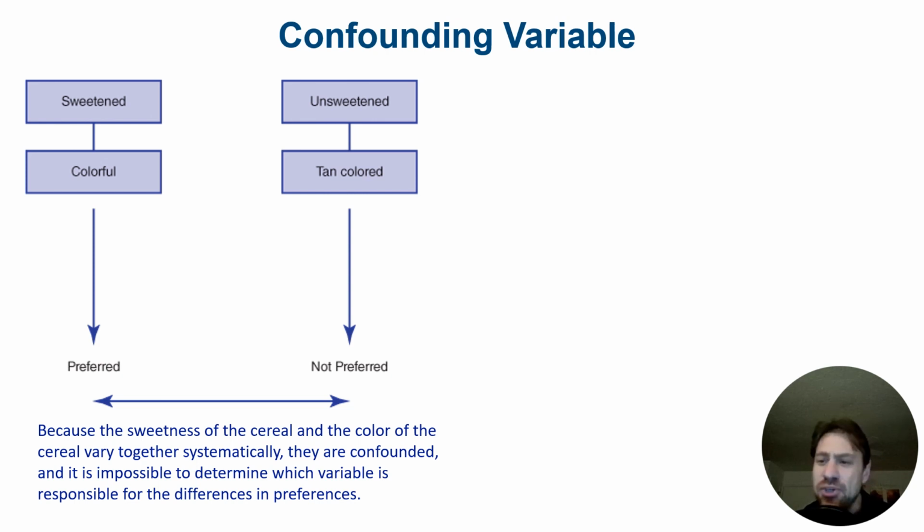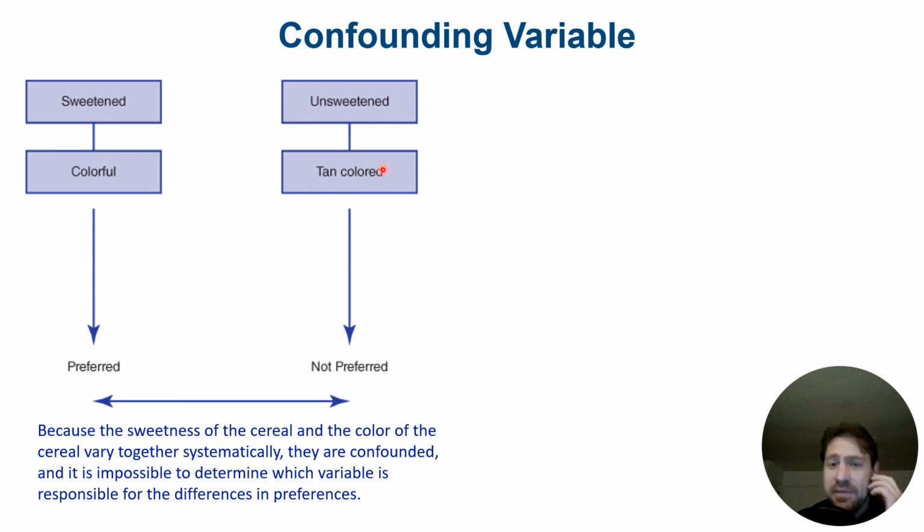But now imagine that the cereal boxes were different colors. Maybe the sweetened box was colorful and the unsweetened box was some boring tan color. Okay? Colorful, and this is a tan color.